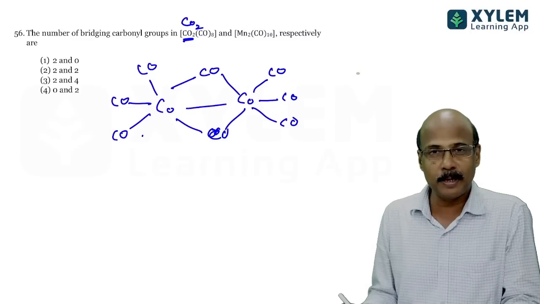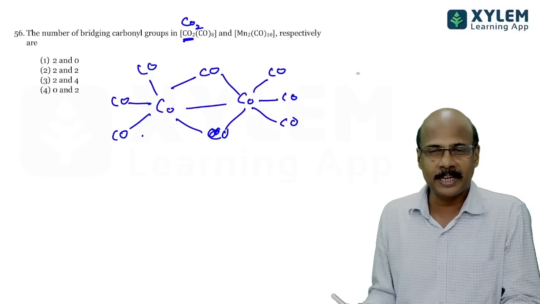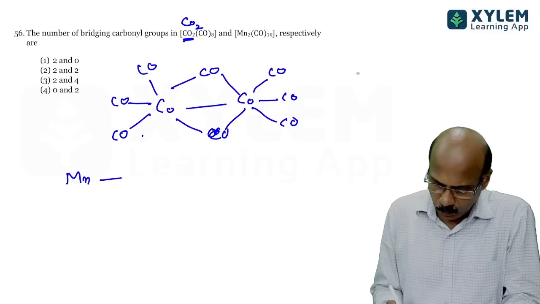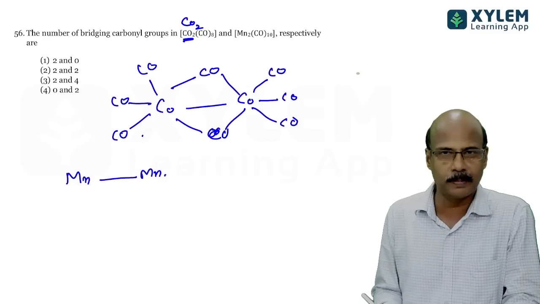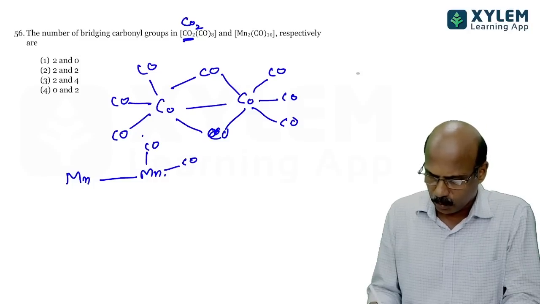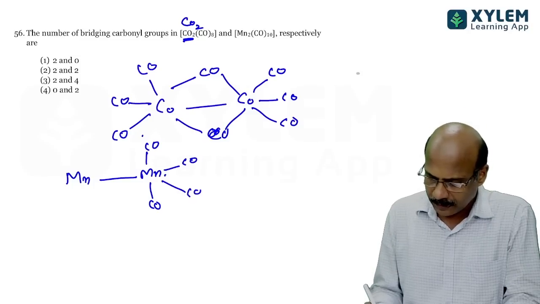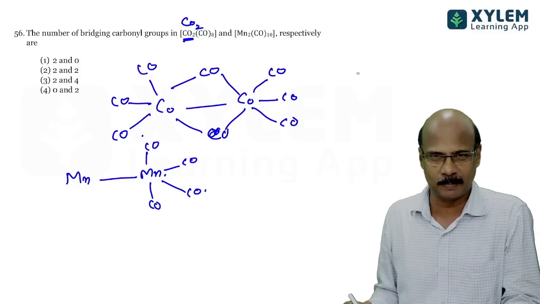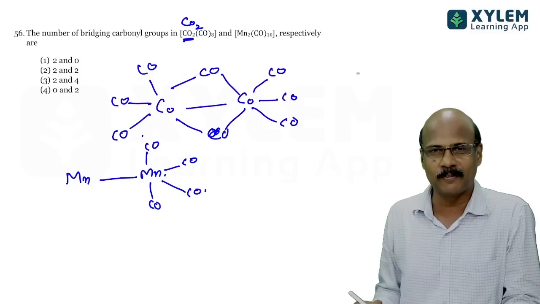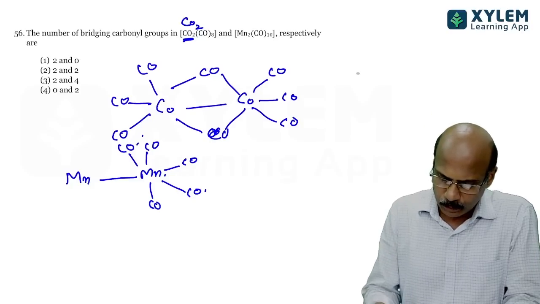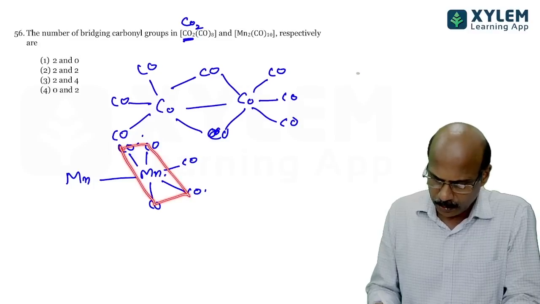And what about Mn2(CO)10, decacarbonyl dimanganese, in which there is a covalent bond between manganese and manganese, and each manganese is surrounded by carbon monoxide. If you consider the geometry around manganese, you can see an octahedral species. How will you justify the formation of octahedron here? Here there are 4 CO. 4 CO can be in a plane.